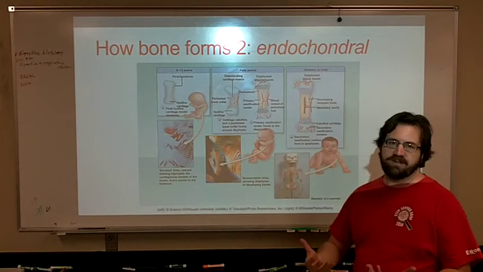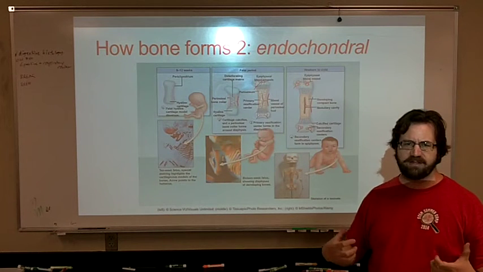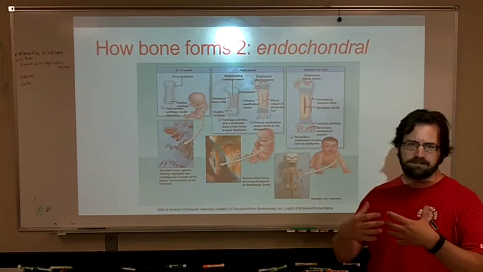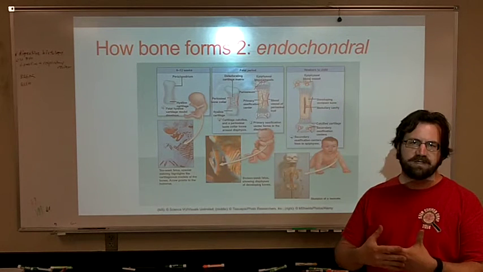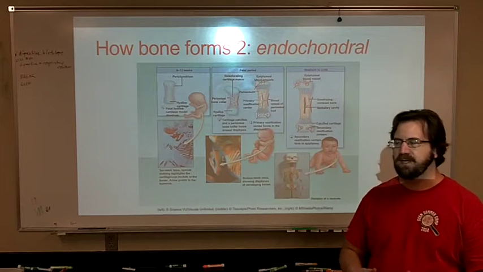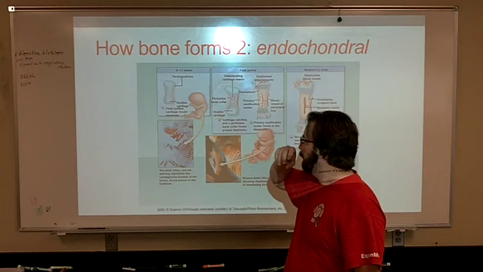So there's another kind of bone in our body, though. There are the flat bones, but there are also the long bones of our skeleton. These are not flat membranes of bone, so it doesn't make sense for them to form from a flat membrane of tissue. What does make sense is for our body to make a template.